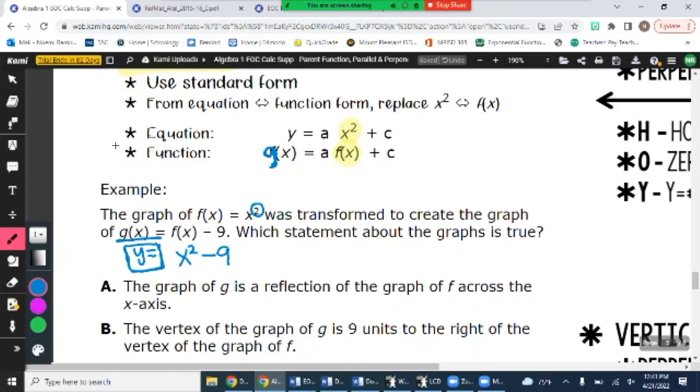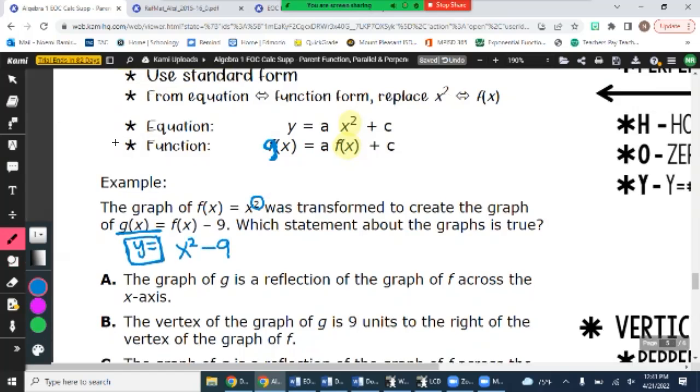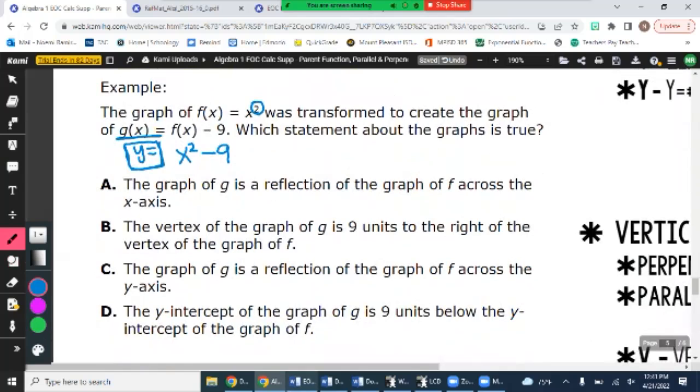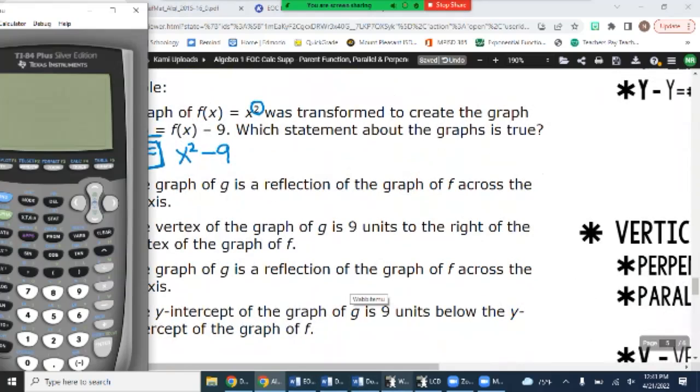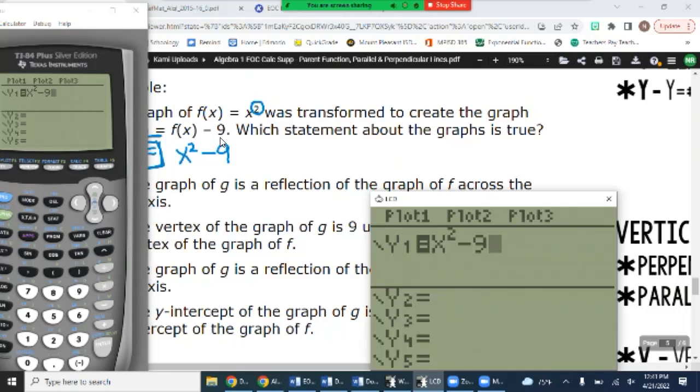Nothing else should change. Okay. So we have an equation. It's solved for y. Go to y equals, type that equation in, and just hit graph. X squared -9 and press graph.